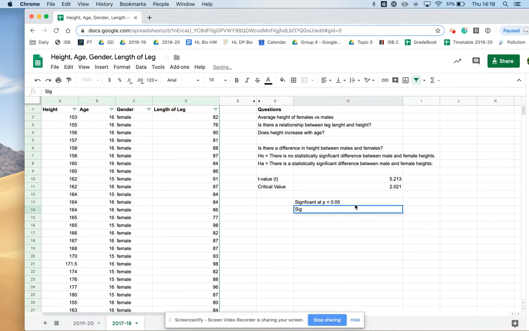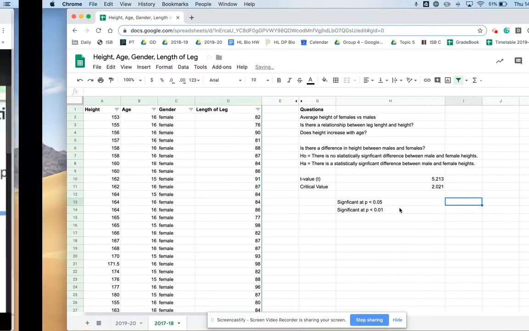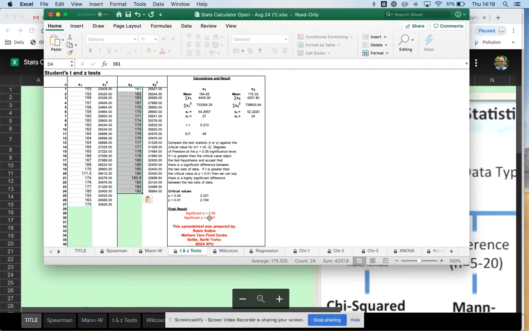Now it also says significant at P equals 0.01, okay? So that's fine. That just means there is a very, very measurable, strong difference here, okay? Now, if this value was below this, we will say there's no difference. The values are statistically the same.